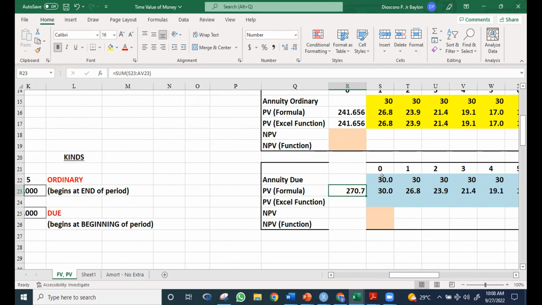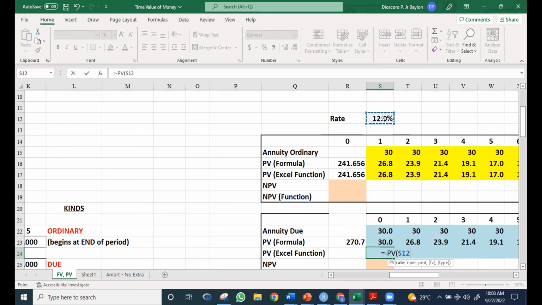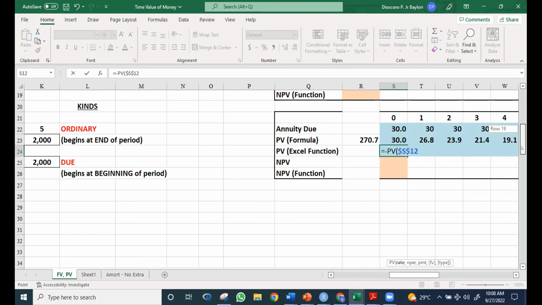So we have here a 30 that is already the present value since it's happening now. Or we can use the formula. Again, it's just the PV formula. PV, and then our rate is the S12. We could have given that a name to make it easy to access.